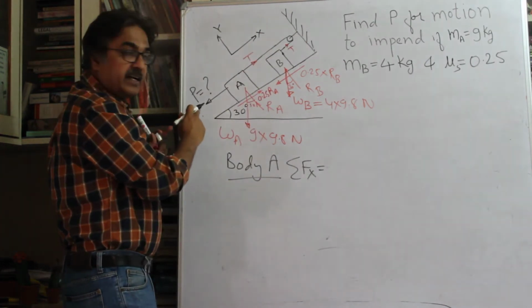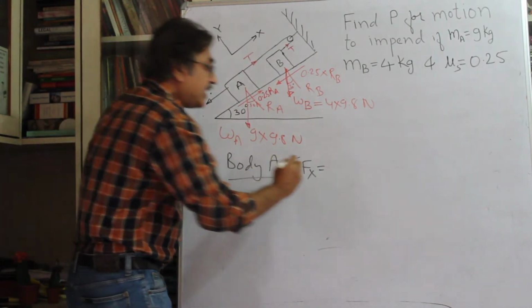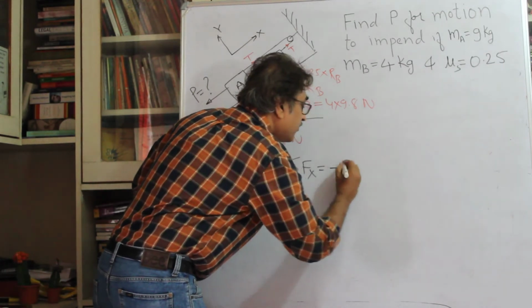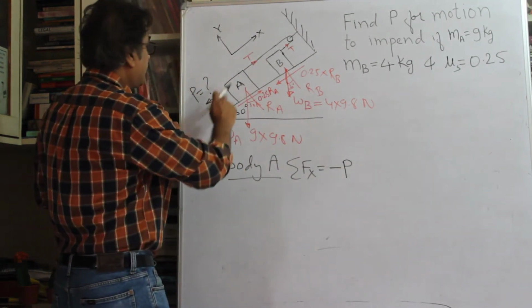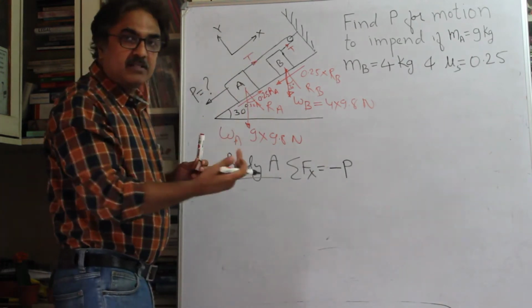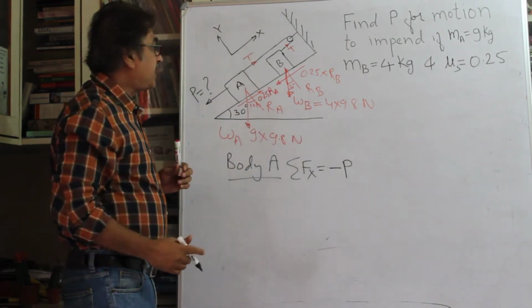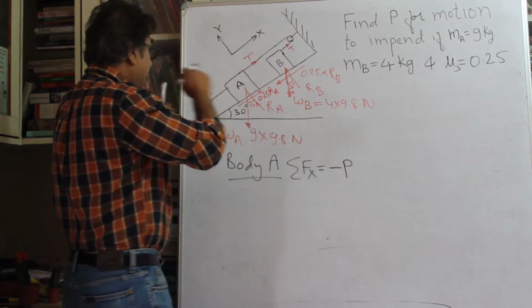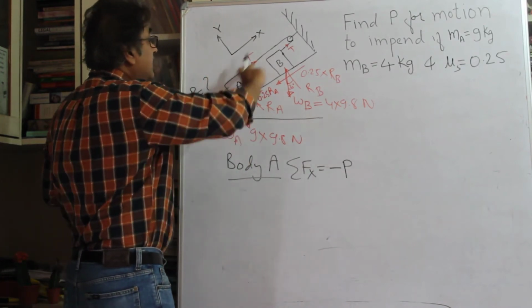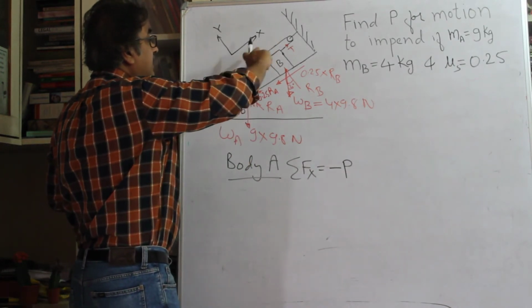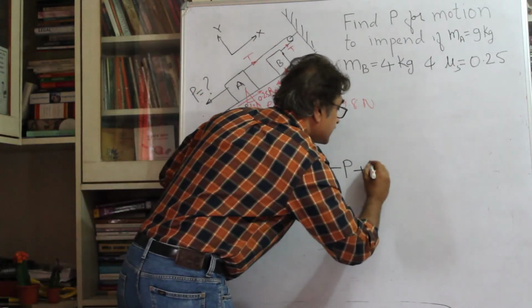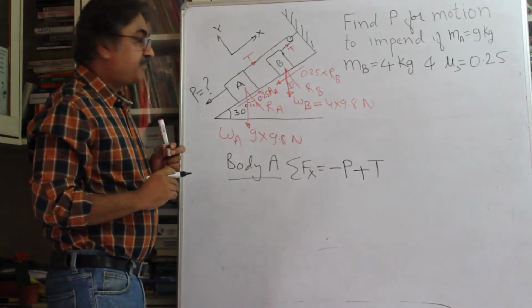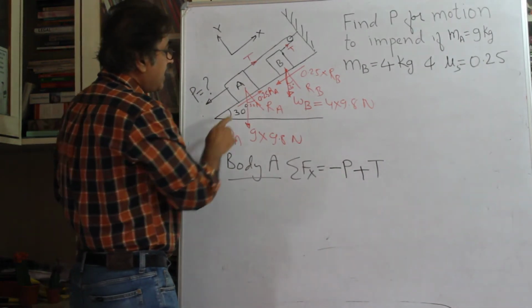Now P is acting towards left, so I'll consider this with minus sign, okay? Since it's acting downwards or leftwards, consider minus P. Then consider T. T is positive, right? Tension. So this is T as tension.